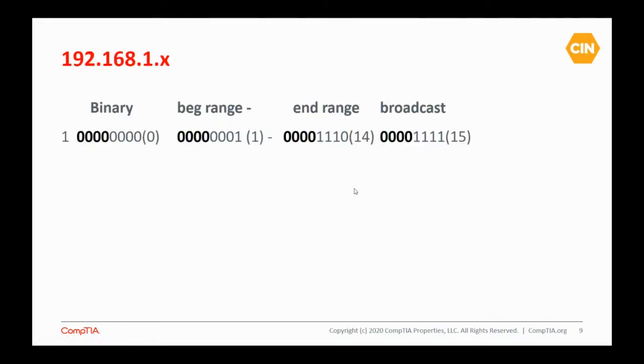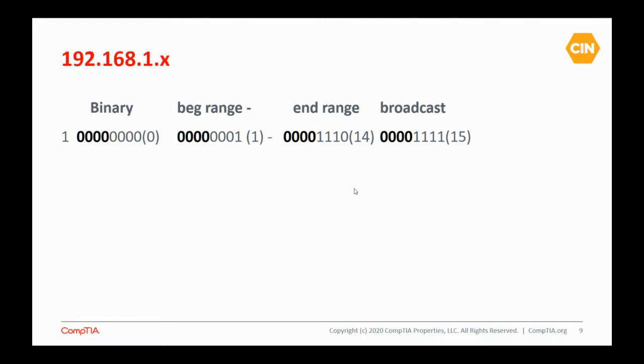So we end up with this as our first row on our table. So all of them, notice, have the same network address of the network bits. They're all zeros, 4 zeros in every example. And then the network address is all zeros.